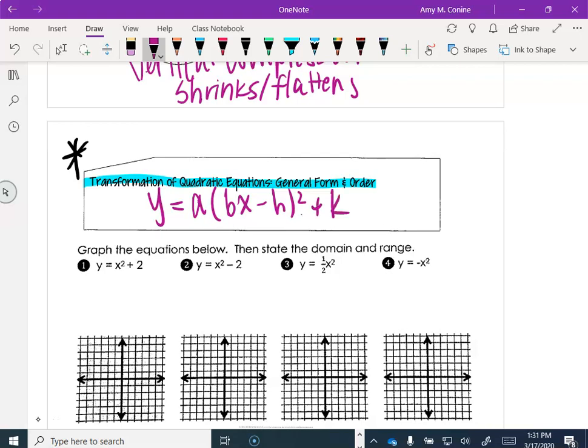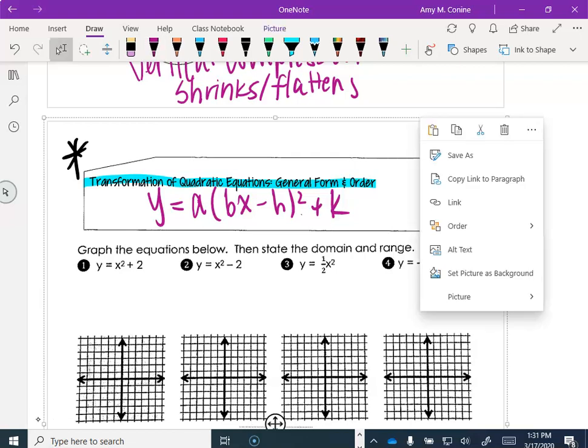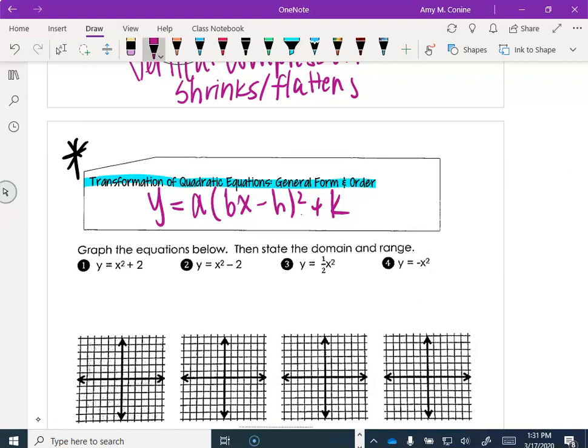So we've got a times bx minus h squared, and then we have a plus k. So the h and k, this is standard for vertex form. This is what vertex form looks like, and this is what our transformations will follow. So you don't always have to have a long trinomial.